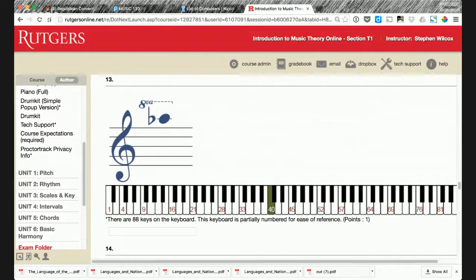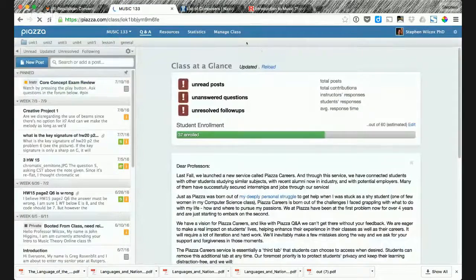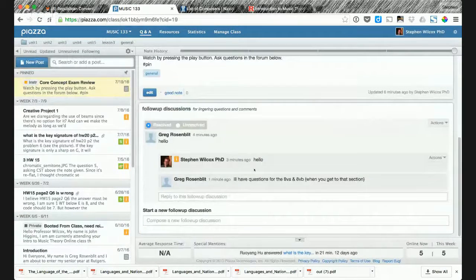But I'm not going to spend a lot of time on this particular page. I'm going to check and make sure we've got no questions, just because this particular page should be pretty easy. Oh, let's see, we do have a question here. Okay, so I see that Craig has a question about the octave ottava signs, octave up and octave down.